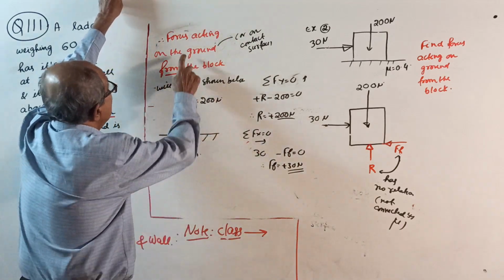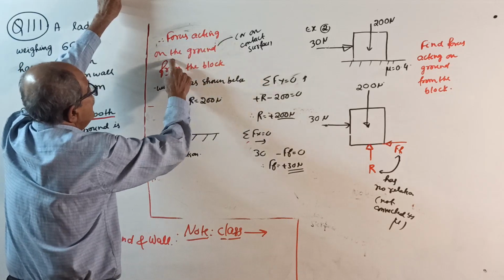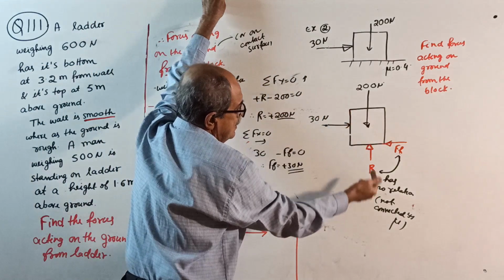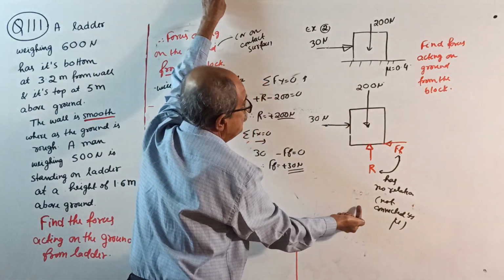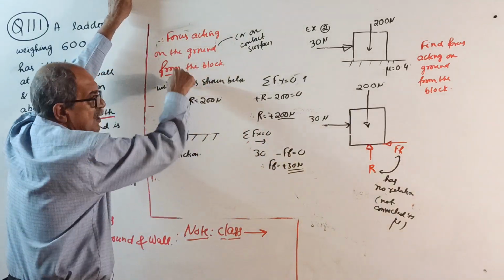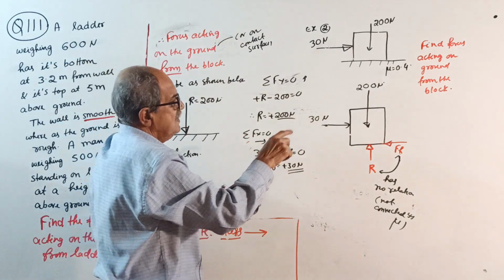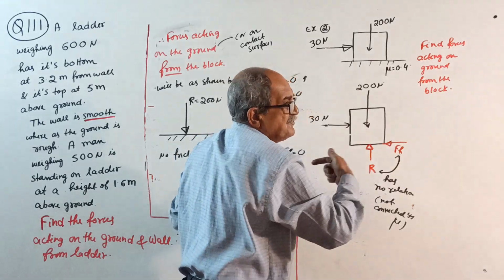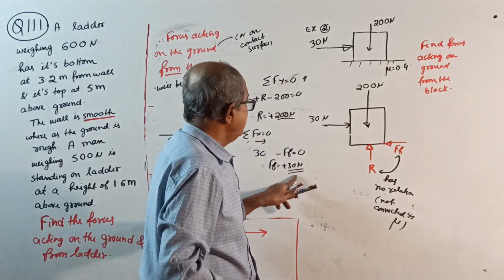Now the forces acting on the ground from the block will be as shown. See, for the block, an upward reaction of 200 means from the block, downward 200. For the block, a friction force this way, left side, of 30 Newton.